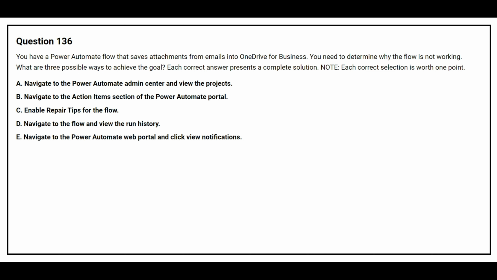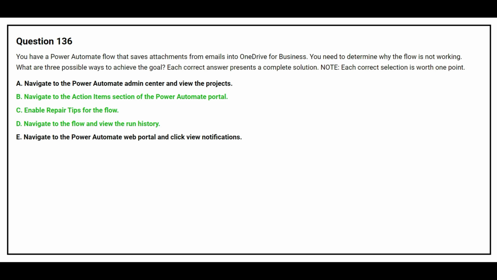Option B. Navigate to the Action Items section of the Power Automate portal. Option C. Enable repair tips for the flow. Option D. Navigate to the flow and view the run history. Option E. Navigate to the Power Automate web portal and click View Notifications.